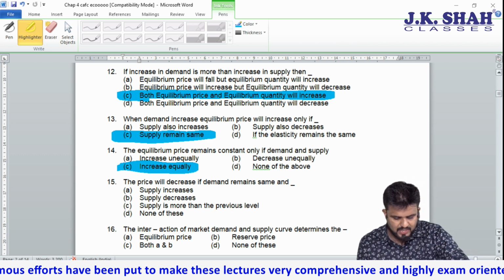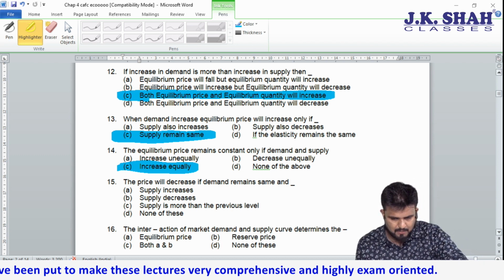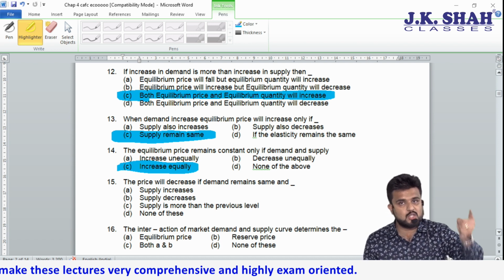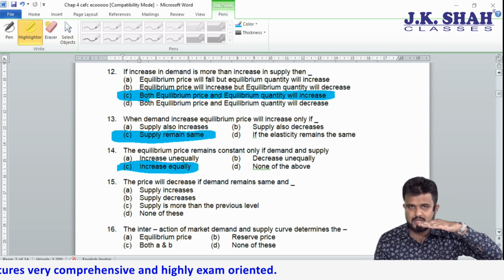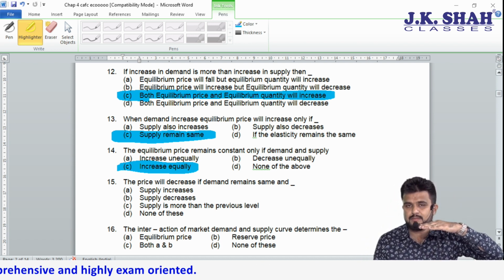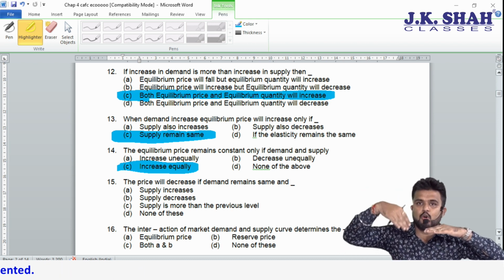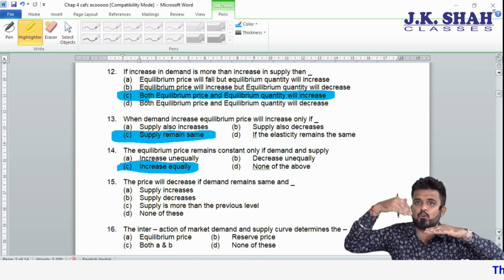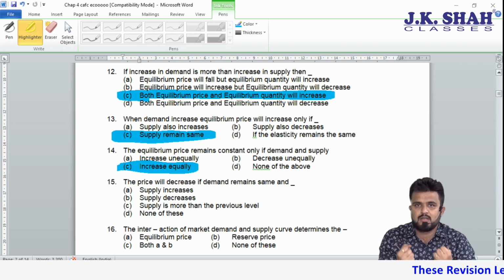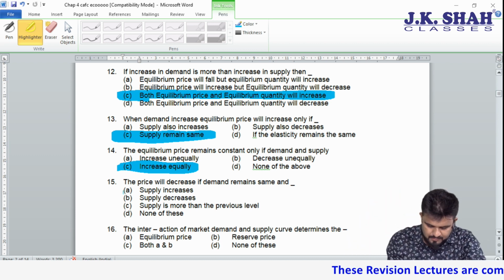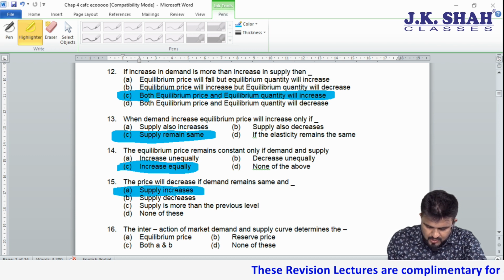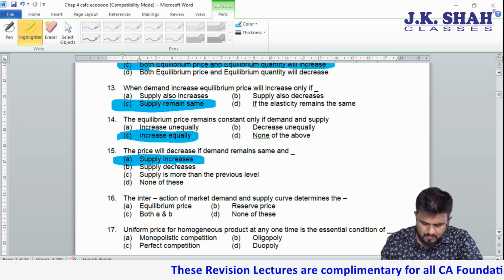The price will decrease if demand remains the same. When will price decrease? When supply increases. More goods, less demand. Producer will reduce the price. So here for 15, answer is A.